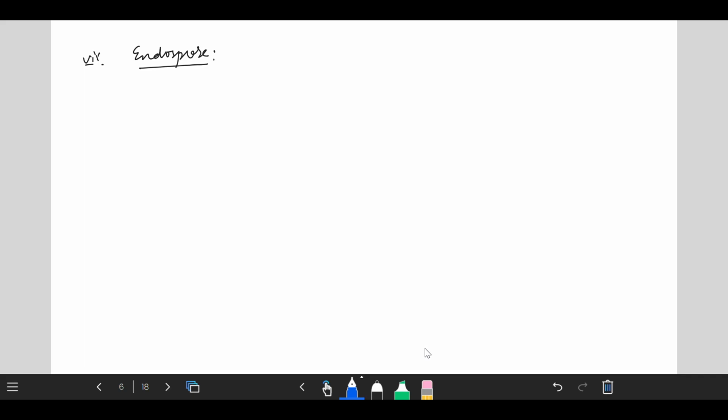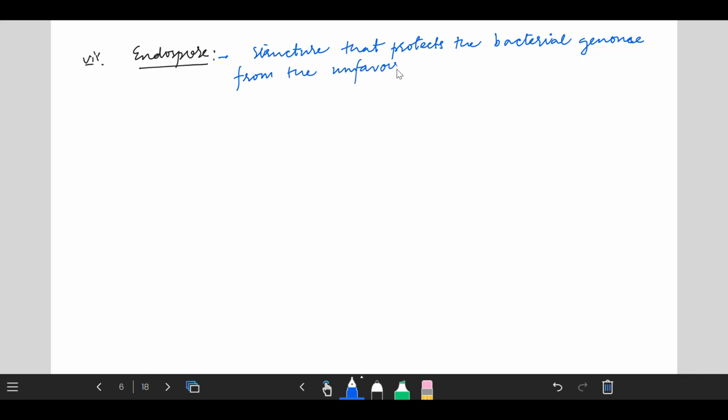It is a structure that protects the bacterial genome in a dormant state when environmental conditions are unfavorable.